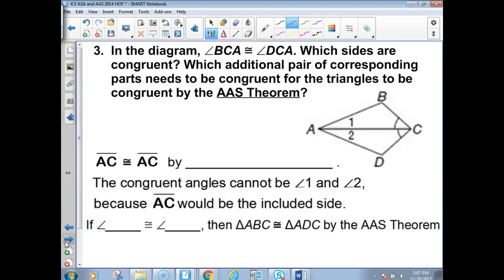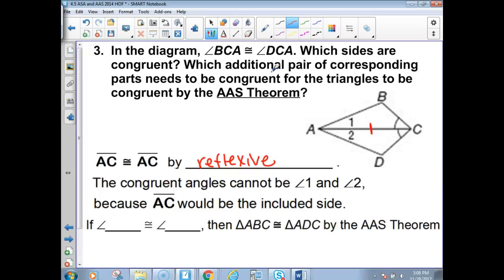Okay, so here's another concept about that. I might ask you a question like, given this picture, what can you say? Well, you've got a shared side, so AC is congruent to AC by the reflexive property.